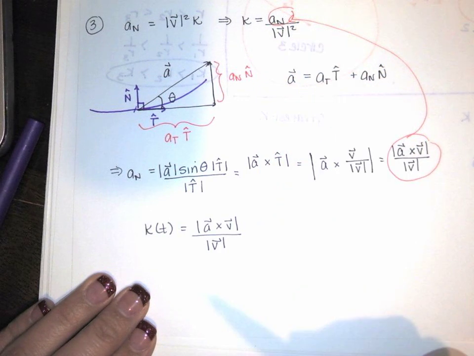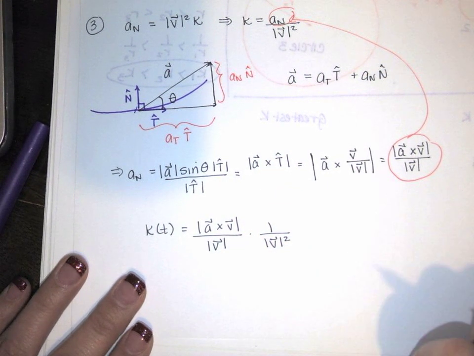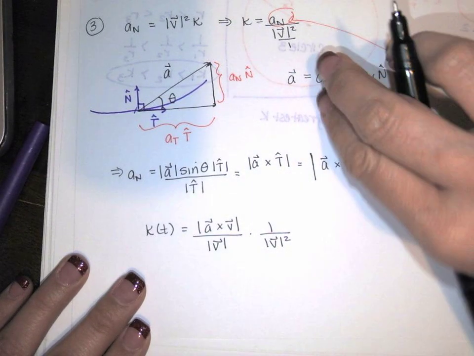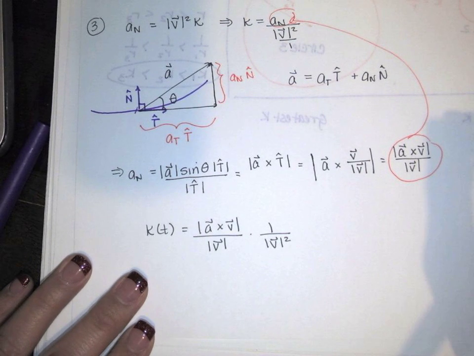Dividing by the speed squared is the same as multiplying by 1 over the speed squared. Dividing by a fraction is multiplying by the reciprocal, right? We're just going to take that and flip it. Or you can think of it as dividing by 2 is the same as multiplying by 1/2, same thing.